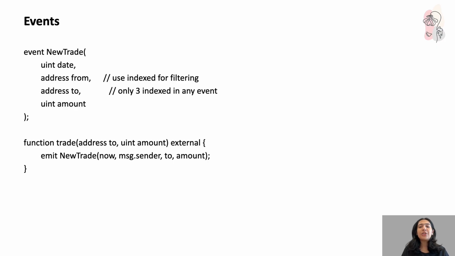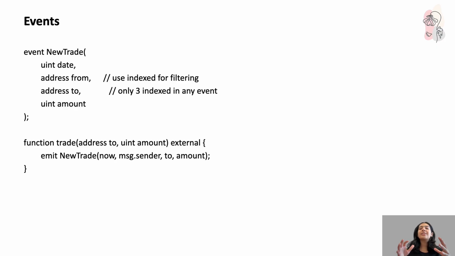Now, inside the trade function, you emit the event using the keyword emit. When the function runs, this line is executed: emit NewTrade(now, msg.sender, to, amount). What does this mean? It takes the current time, the address of the sender, the receiver's address, and the amount traded, and then it broadcasts this data into the blockchain and stores it permanently in the transaction logs.